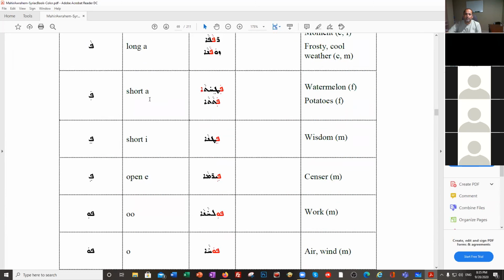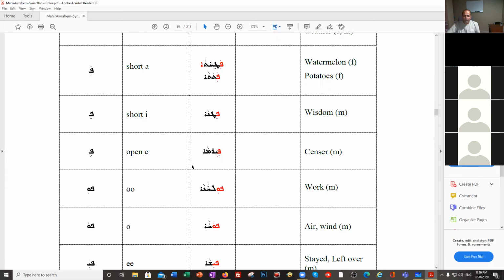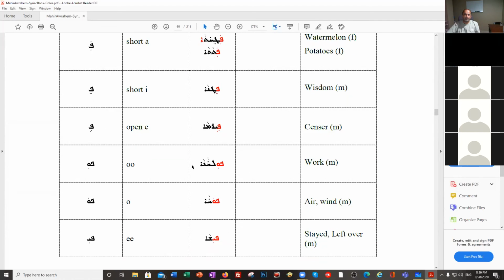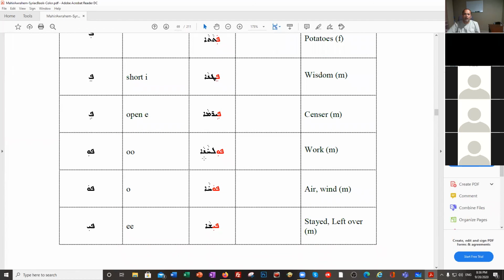Patakhta, or patata, the second one. Putna. Perma. Pulkhana. Pocha. Pisha.